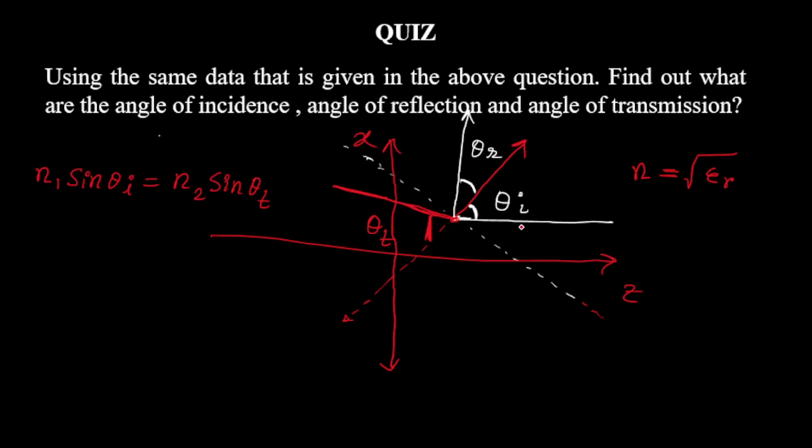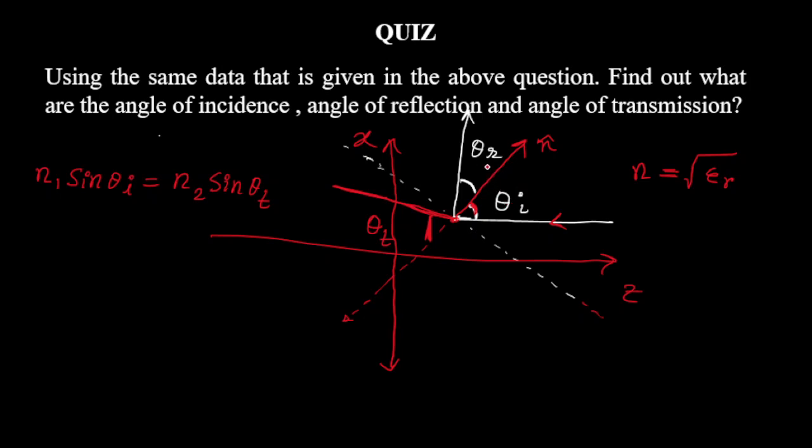From here you can calculate the refractive index of both media, and then using the unit normal, whose equation you know, and the direction of the incident wave, you can calculate what this angle will be. Once you know the incident angle, you can use the law of reflection, where it is written that the angle of incidence and angle of reflection will be the same.